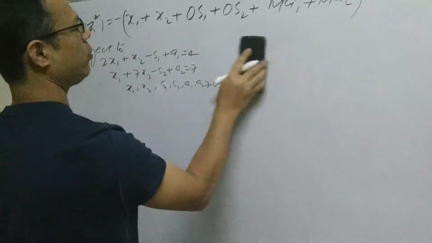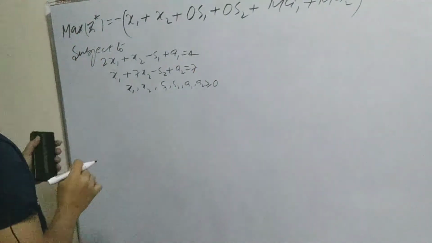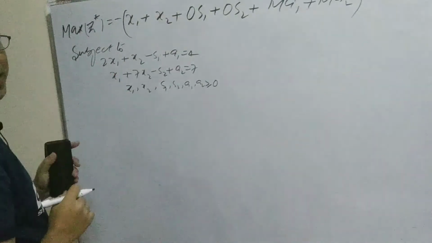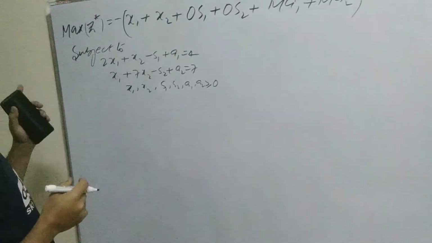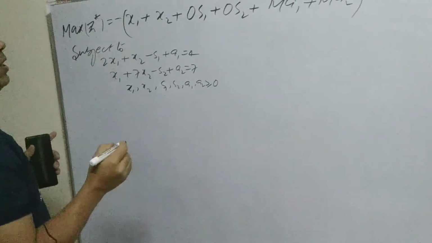So now I am going to create a table. Now this procedure is going to be considered as the big M method procedure. So how do we change this big M method into the two-phase method? Very simple.